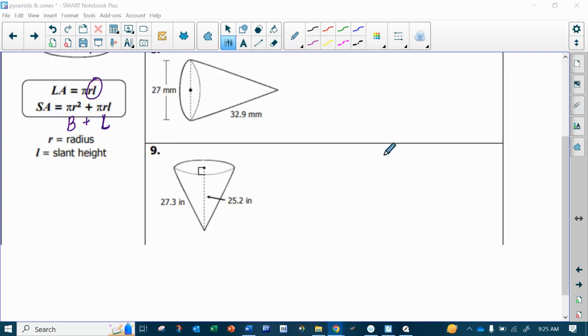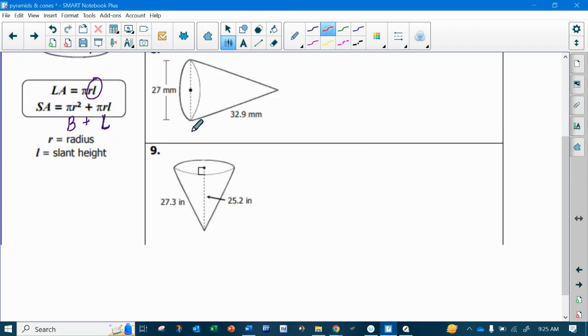All right, so looking at number 9, notice that they've given us the height. They've even given us the slant height. What they did not give me is the radius. So I'm going to have to do the Pythagorean theorem so that I can get the radius.